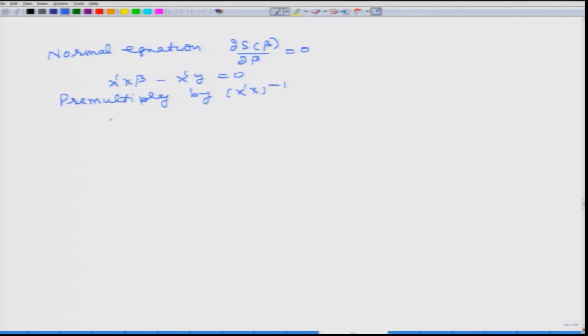So, we get X transpose X whole inverse X transpose X beta is equal to X transpose X whole inverse X transpose y. So, this finally gives us that beta hat is equal to X transpose X whole inverse X transpose y, right.